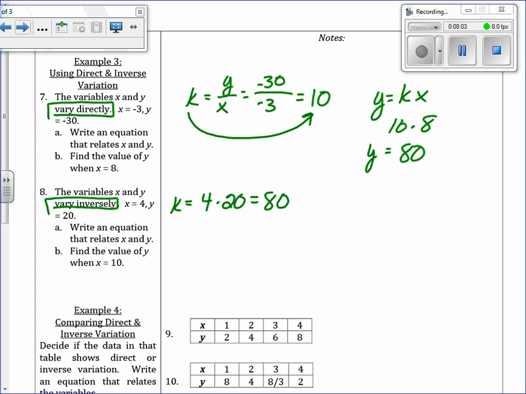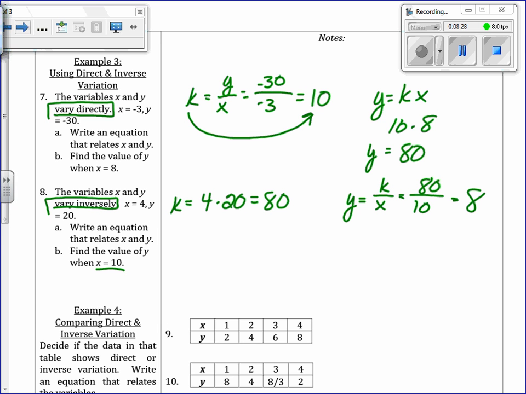Now that I know that, I want to use y equals k divided by x. It says x is 10, so it's going to be 80 divided by 10. So when x is 10, y is going to be 8.